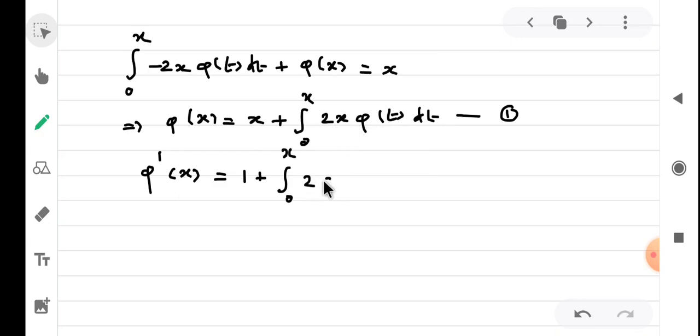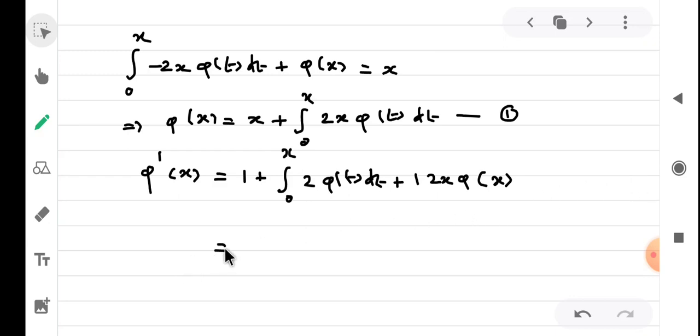So it will become 2 into phi of t into dt, plus the derivative of the upper limit, that is 1, and then here I need to replace t by the upper limit, so 2x into phi of x. The derivative of the lower limit is 0, so that's going to be 0 anyway, so I'll stop here.